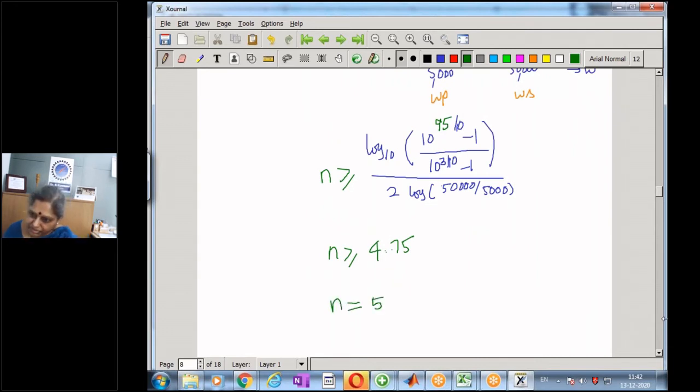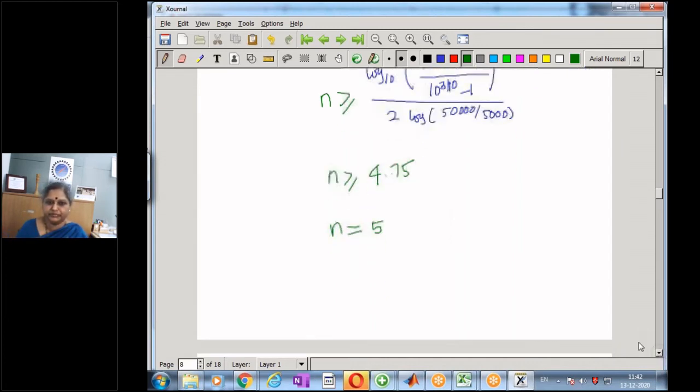And I know how to compute the transfer function H of s for the fifth order filter.